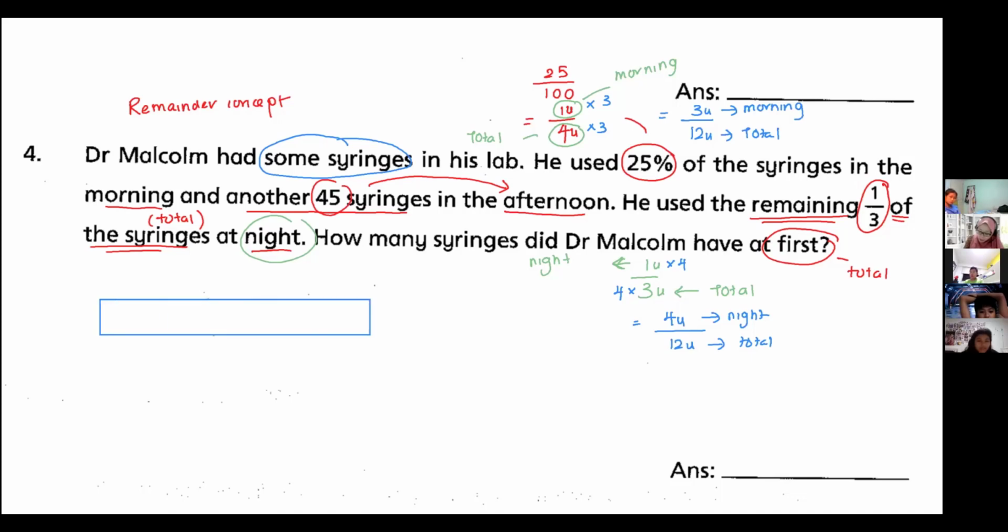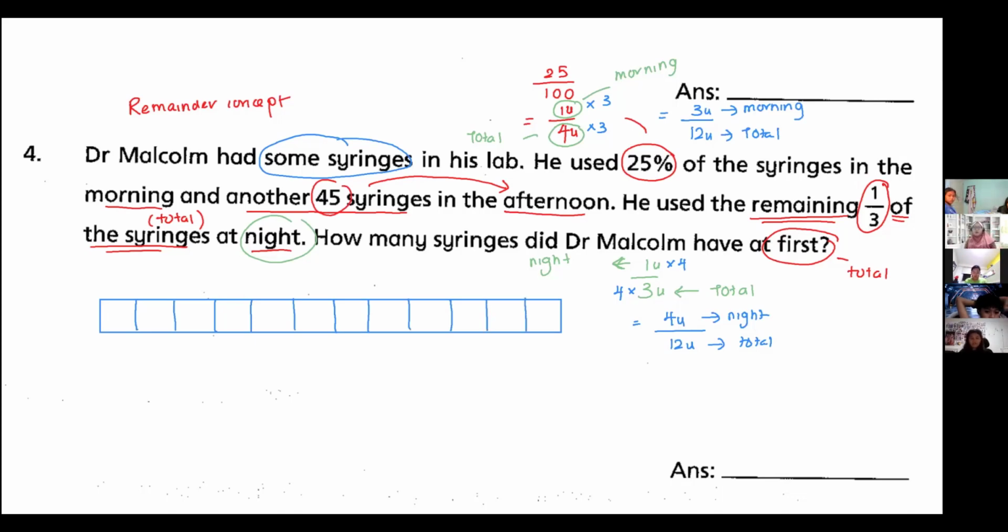So I know that my model will be of 12 parts. So I cut everything up into 12 equal parts. So once I have 12 units, what do I do? The shading. So I know the morning is 3 units. 1, 2, 3. This is my morning, which is 3 units.